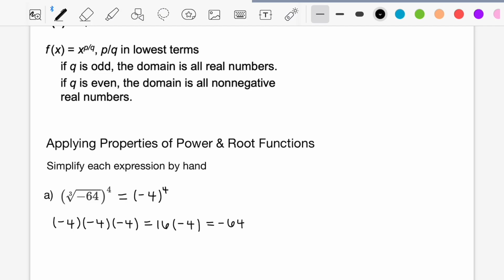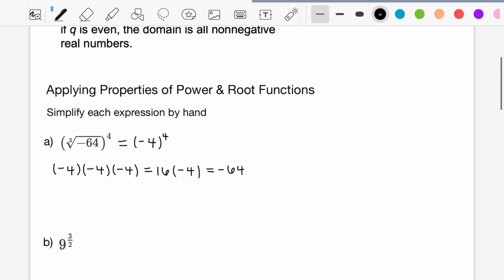Now doing negative 4 to the fourth power is going to be this negative 4 cubed times another negative 4. So we can just do this as a shortcut. Multiplying these, we get 256.